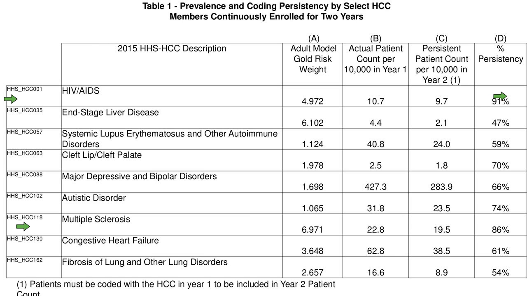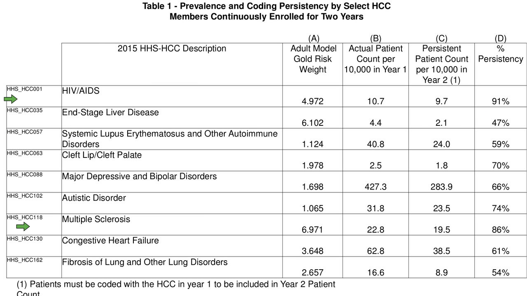The persistency is calculated by asking the question, how many people were coded with HIV, say, in year 1? And of those same patients, who continue to be coded in the second year? We see that there's actually quite a variation. The lowest on the map here is end-stage liver.